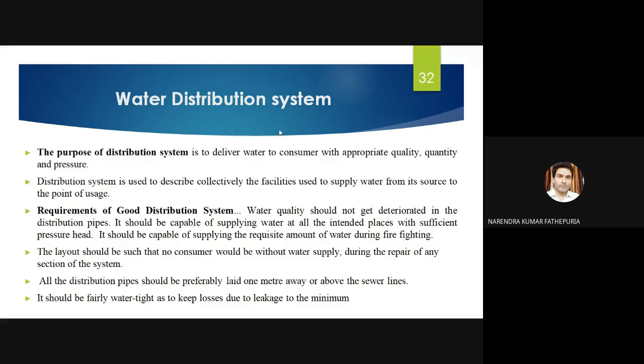So a 7-meter pressure head is required for one floor, and if the rise is between 2-3 floors, then the pressure also increases.